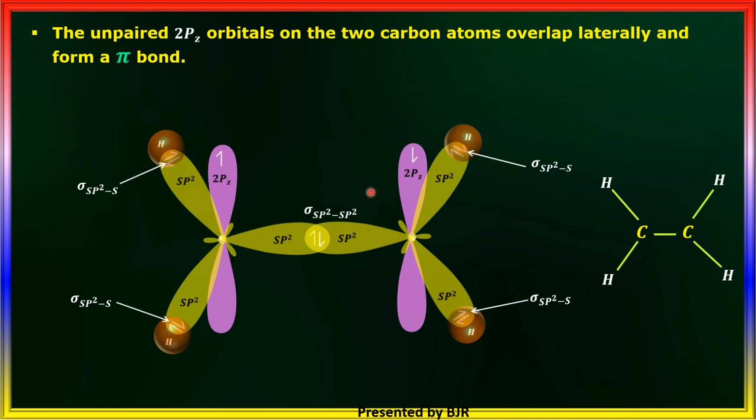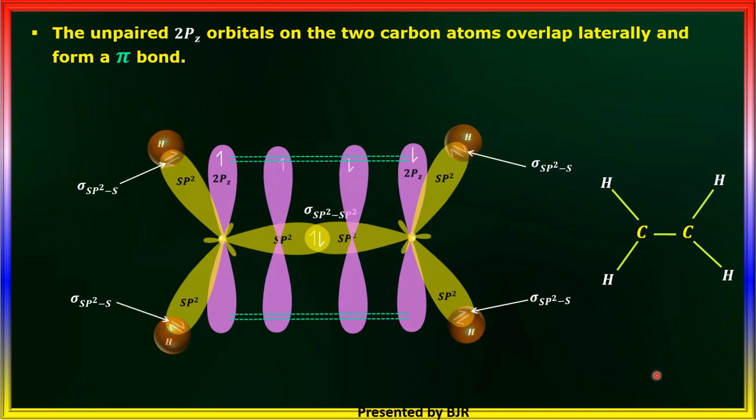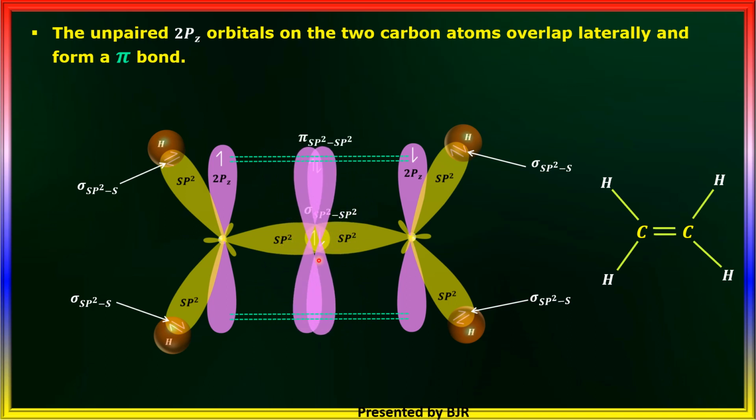See here, these two lobes will overlap sideways and form a pi bond. You can see how they are overlapping, sideways overlapping of these two pz orbitals, okay, and forms pi bond. So it is due to the lateral overlapping of the orbitals that pi bond is formed.